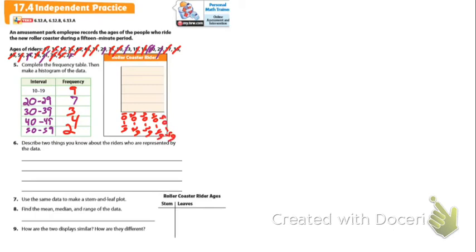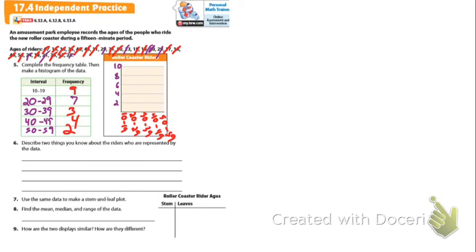Going through the data, I'm going to go in increments of 2s: 2 people, 4, 6, 8, and 10.